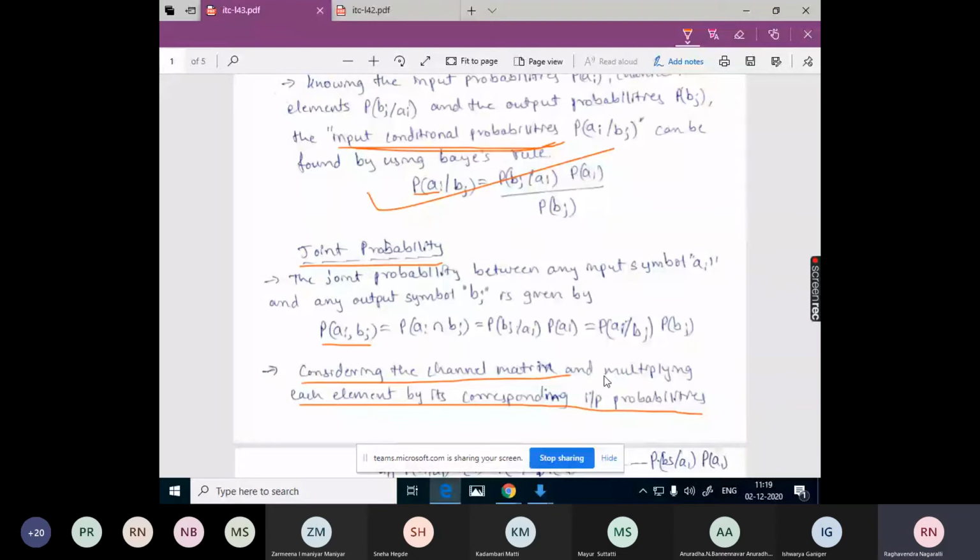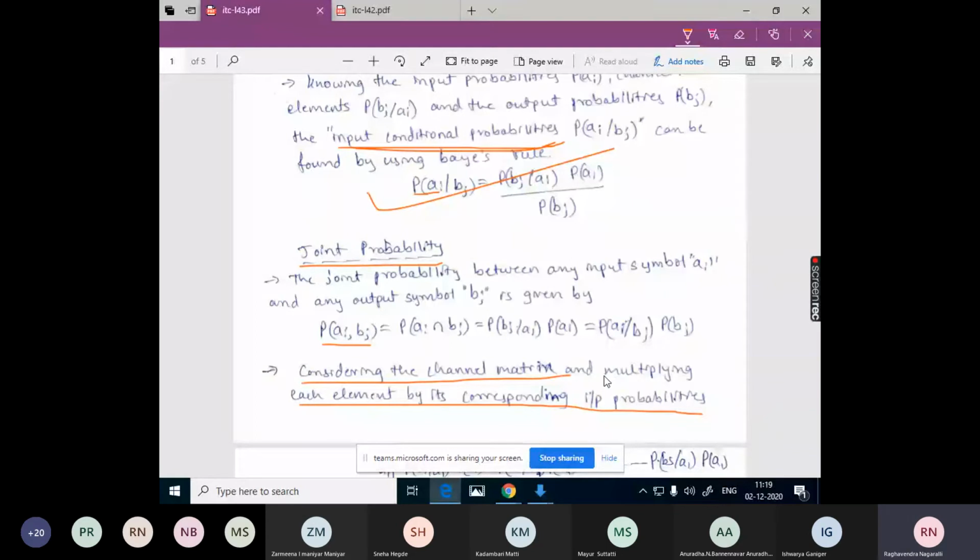First you need to write the channel matrix, come to the joint probability, then write the JPM and go for the properties. Even though the JPM is not equal to the channel matrix, you need to write the channel matrix first, then go for the JPM.